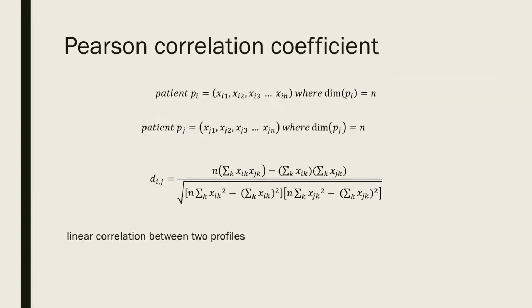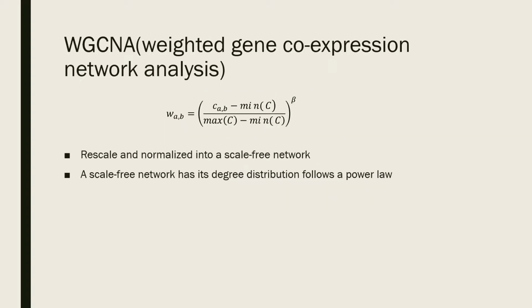Next, Pearson correlation coefficients are calculated using this formula to find the linear correlation between patients. The weighted gene co-expression network analysis then rescales and normalizes the network into a scale-free network, which has its degree distribution following a power law.